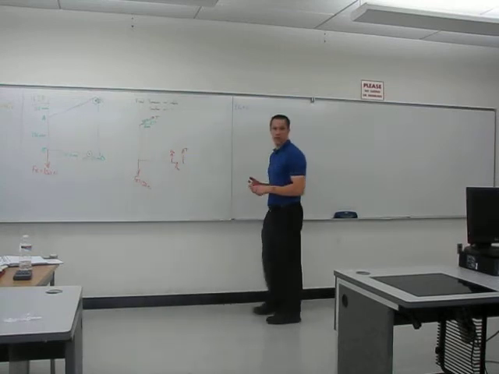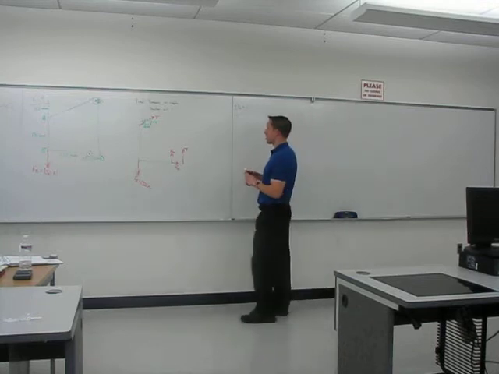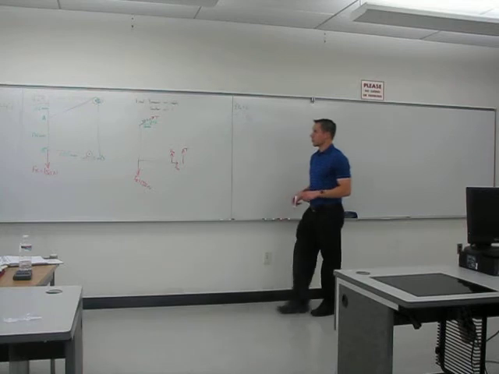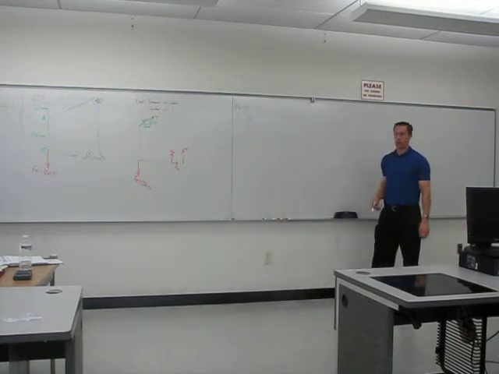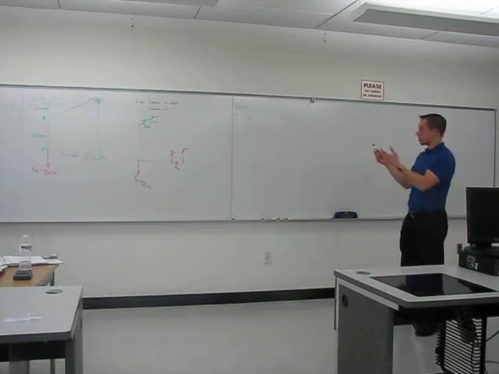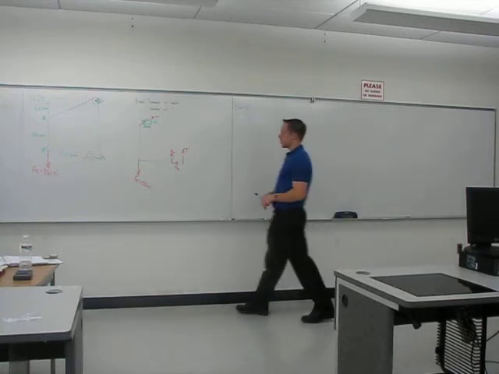I don't know the actual angle, but I know the cosine is the adjacent over the hypotenuse, so it's going to be 300 over 325. If you want to figure out the angle and then put T times the cosine of whatever number of degrees it happens to be, fine. But we don't need to. We can just write cosine as adjacent over hypotenuse. So that takes care of this one.